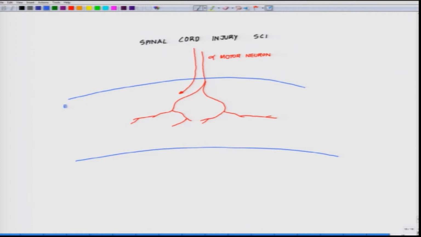This is the extrafusal fiber, and this part is called the neuromuscular junction.